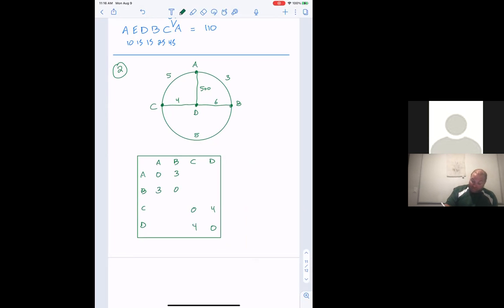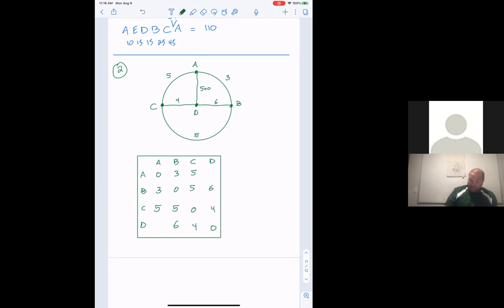B to C is clearly 5. B to D, clearly 6. That 6 should be over here. And we're missing A to C, which is clearly 5.